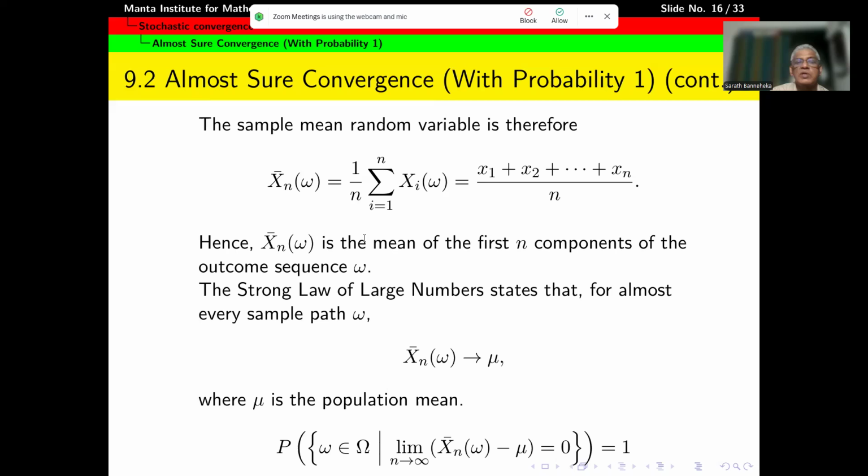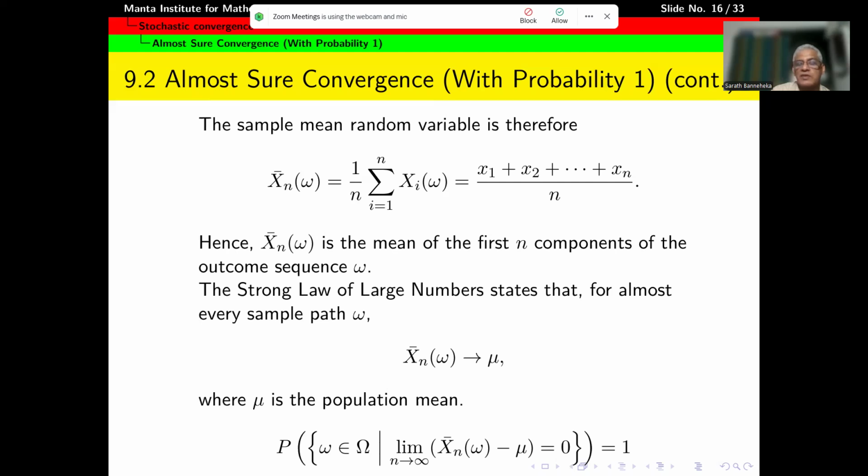So xn bar is the mean of the first n components of the outcome sequence omega. Now, there is a law called the strong law of large numbers.